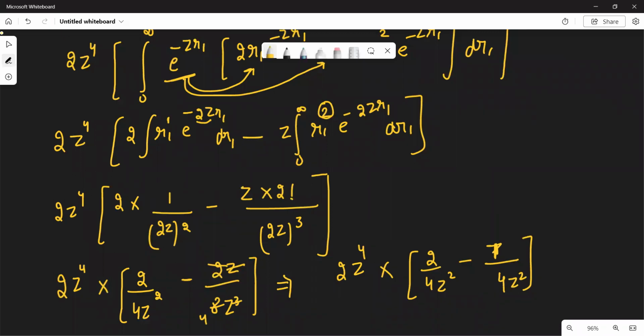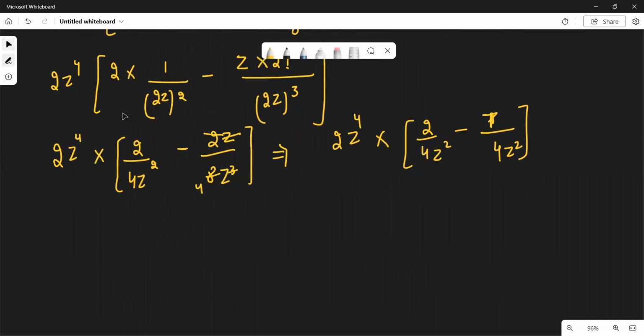So we will further solve it. We will get 2z4 multiply by, subtract these terms, we will get 1 by 4z square. And after cancelling the terms, we get z square by 2.